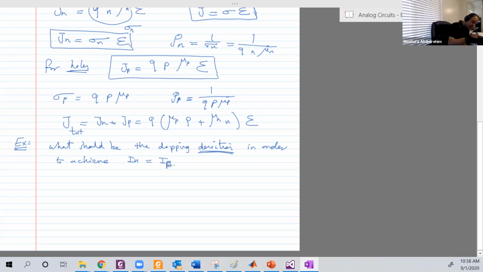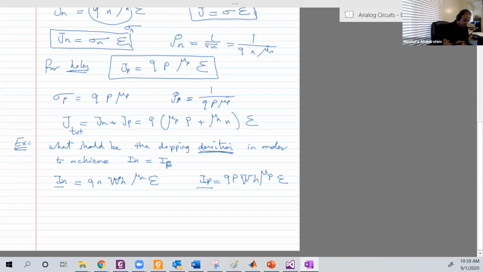So from this example here, I n is equal to q n W H mu n epsilon, and I p is equal to q p W H mu p epsilon. Or you can just generalize it and write it as J n and J p.